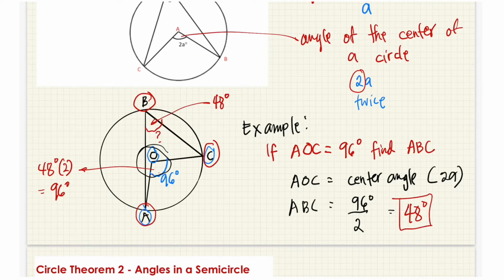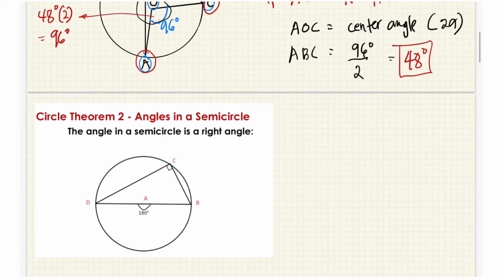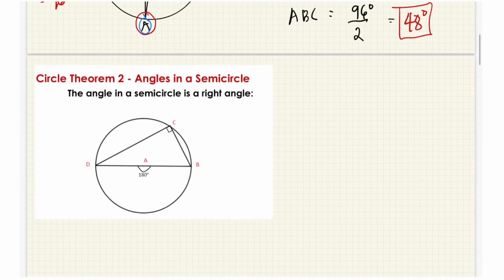We go for the next theorem. The second theorem is what we call the angles in a semicircle. Now, you have to remember, guys, that we go back to the first theorem. The first theorem states that the angle at the center of the circle is twice the angle at the circumference.